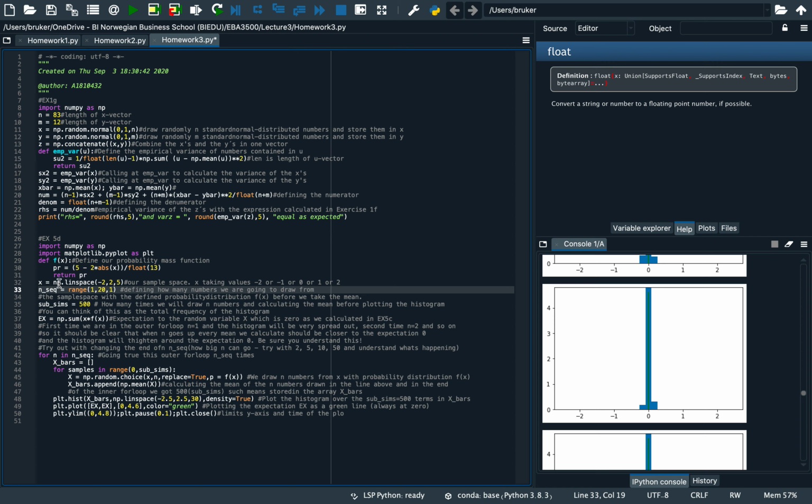Then in line 32, that is our sample space, in the sense that x is taking values minus 2 or minus 1 or 0 or 1 or 2. N sequence in line 33 defines how many numbers we are going to draw from the sample space with the defined probability distribution f of x before we take the mean.